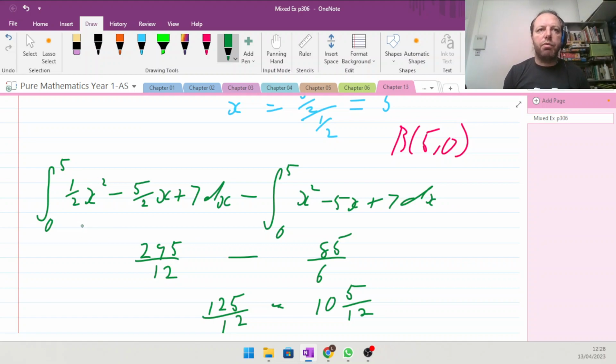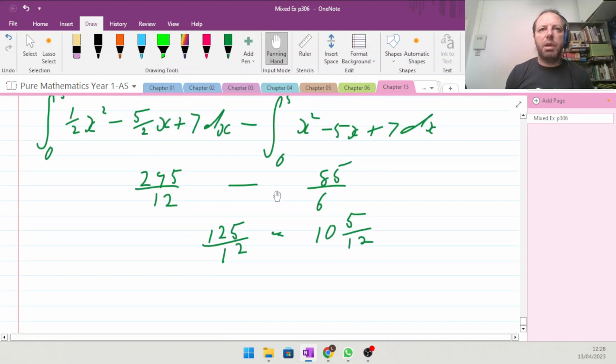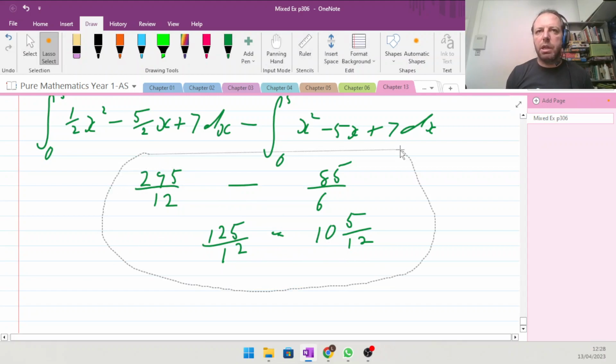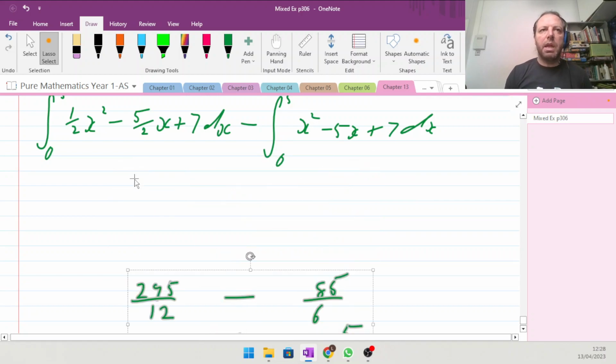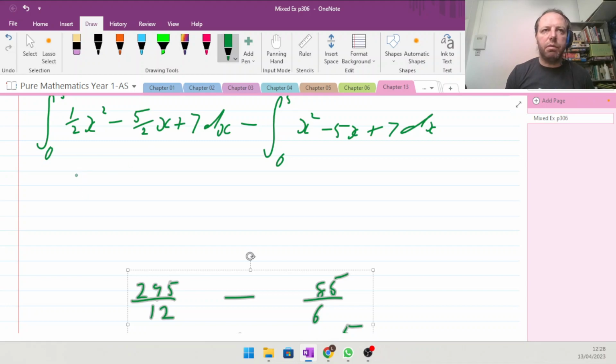Really what I should do is write down the integral of these. If I was doing this in a test or an exam, you can't just jump straight in with the calculator like that. So we should really take all of that, move it down, and you should have written in the integrals of it. So it's going to be a half x cubed divided by, so what's that, a half divided by 3 is a sixth.